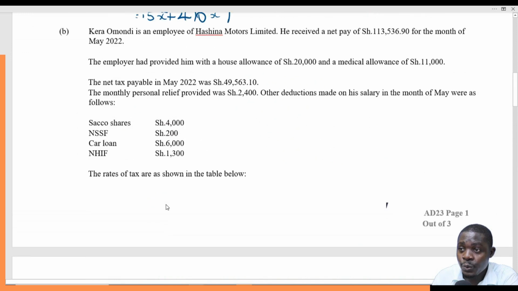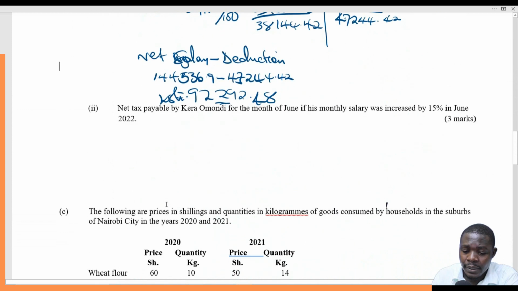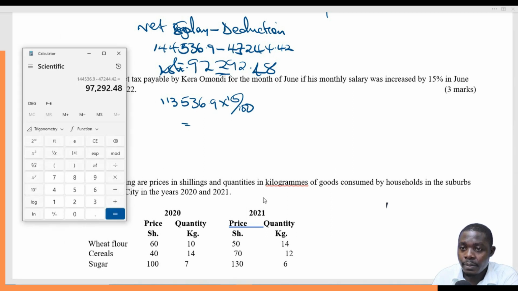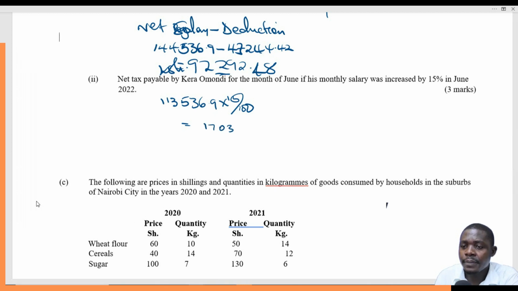The salary, remember, was 113,536.9. We multiply by 0.15. We get something to do with 17,030.5.